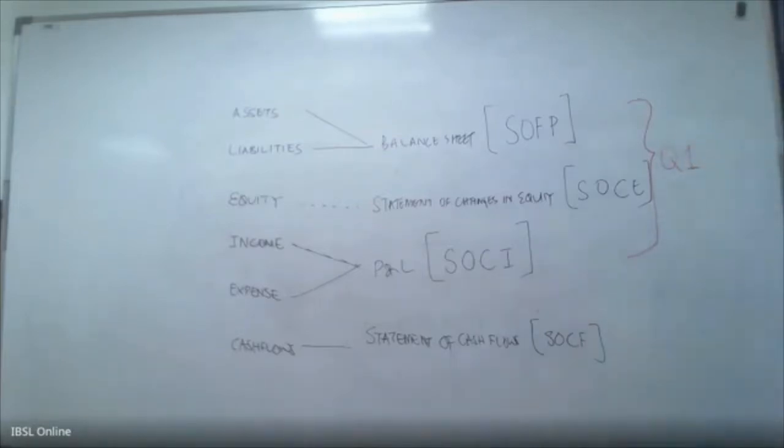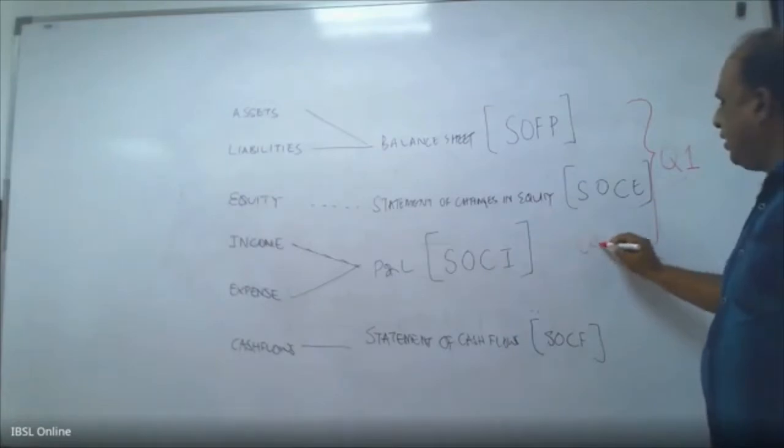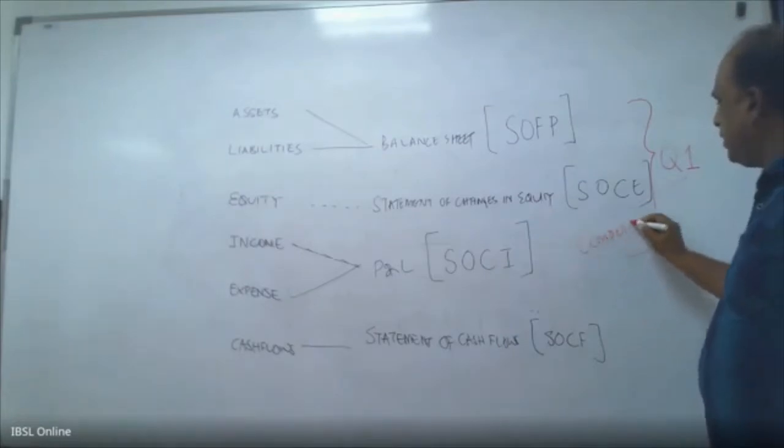Right? Your question 1 of your examination paper is this. Preparation of a statement of financial position, statement of changes in equity, statement of comprehensive income. And mind you, this question 1 is compulsory.